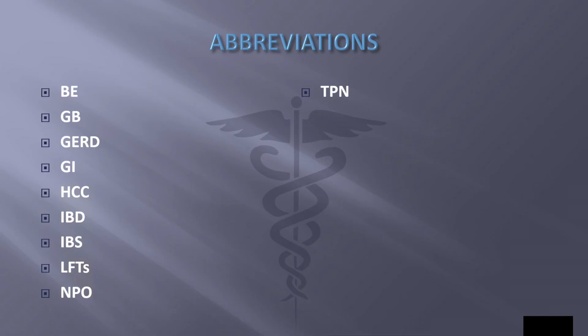We have Crohn's disease and ulcerative colitis. IBS, irritable bowel syndrome. LFTs are liver function tests. NPO means nothing by mouth. And TPN is total parenteral nutrition. Intravenous solutions are given to maintain nutrition.